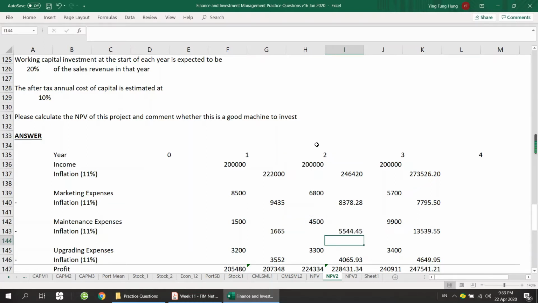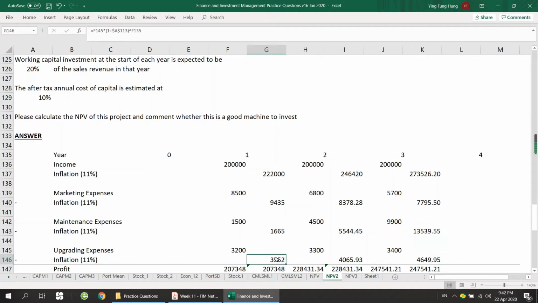Then this will give us 5.5445 thousand. And in the third year, we have maintenance expenses of 9.9 thousand. We have to multiply this by 1 plus the 11% inflation rate, and then raise this to the third power because it's 3 years. Therefore, we will get 13.53955 thousand.